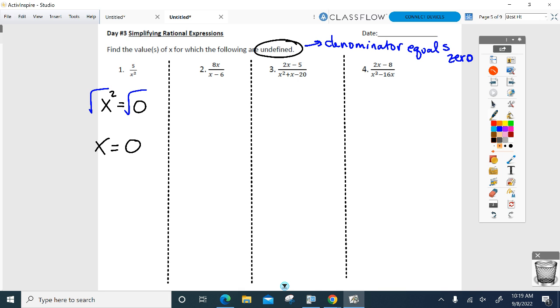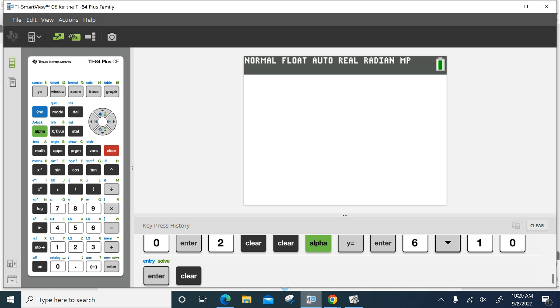Now you're going to hate to hear this word from me, but I need it done. We're going to check this on the calculator to see really if it's undefined. So what do we think is our answer? 0. So we're going to go to the calculator right now. We're going to take what we think is the answer, 0. You guys ever use this button to the left of the one, the store key? We're going to use that a ton this year.